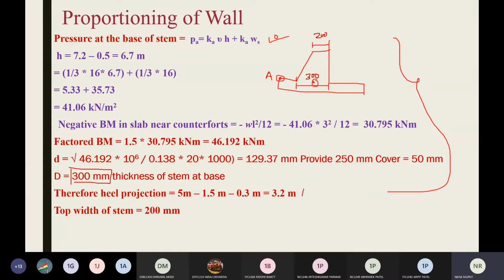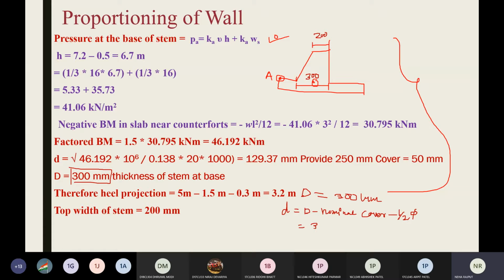So capital D is equal to 300 mm. This I need to convert into small d. So how to convert small d? Small d is equal to capital D minus the clear cover minus half of diameter of bar. Right.